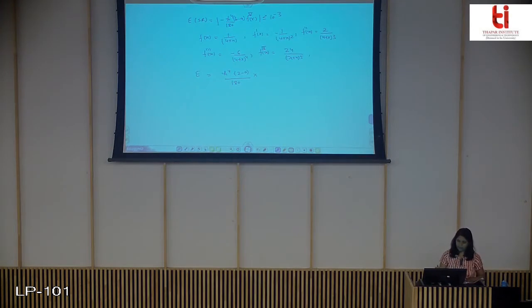So now find out the maximum value of f4. The maximum is at that value of x at which the function has its maximum value. So that value is coming out to be 24 upon 4 raised to power 5, because the maximum value is obtained at x equal to 0, which is inside the interval 0 to 2.